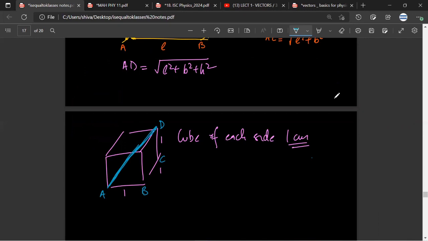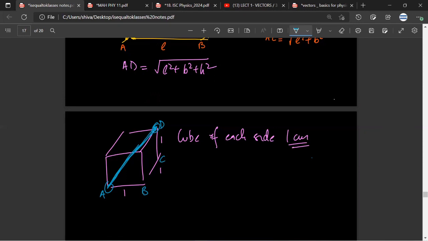Now the room in which you are standing is a cube of side, say, 1 meter, 1 meter, 1 meter. Are we clear till here? There is a rod in the room which runs from where you are standing, which is here, to the diagonally opposite point on the roof.